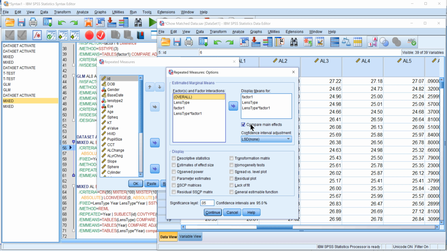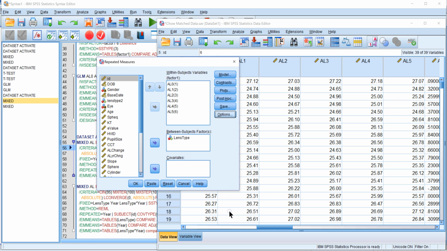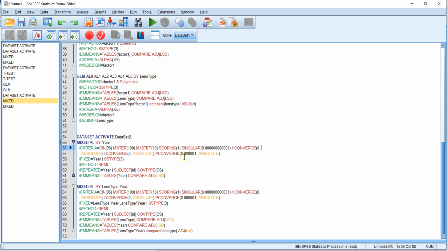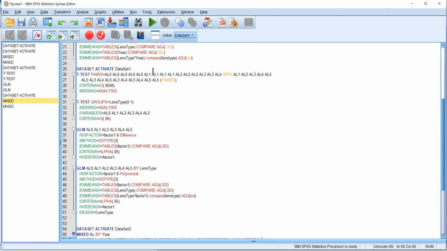Which is somewhat troubling because you wonder, is it not doing it because it doesn't believe it's a good idea, what you're doing? And that's kind of what we're testing here. Is this a good idea or not? So we paste it into syntax and we force it to compare by typing in this command.